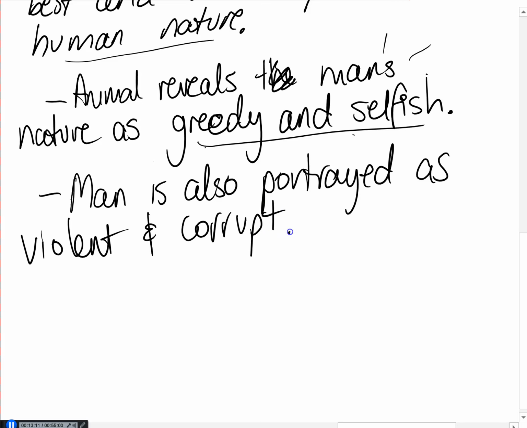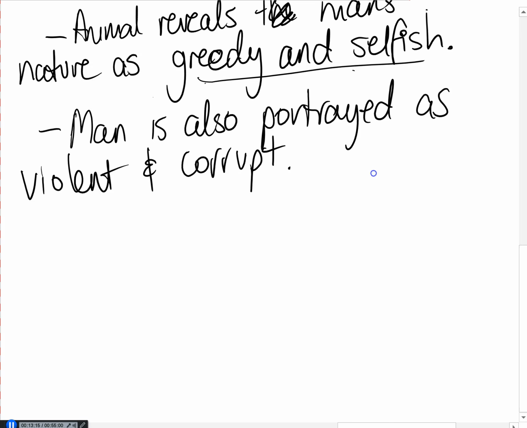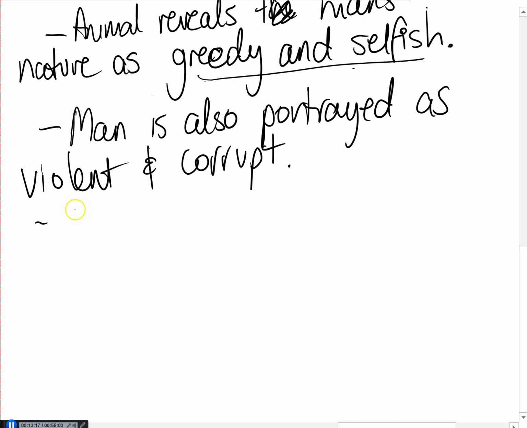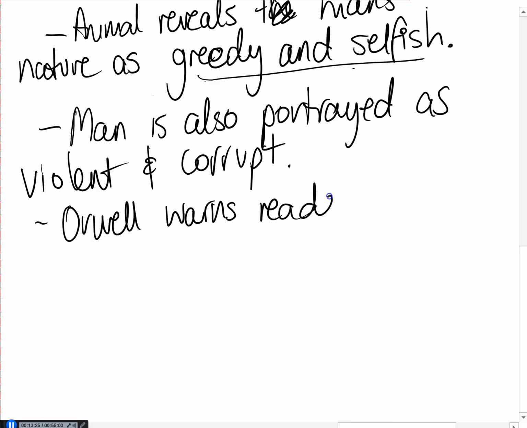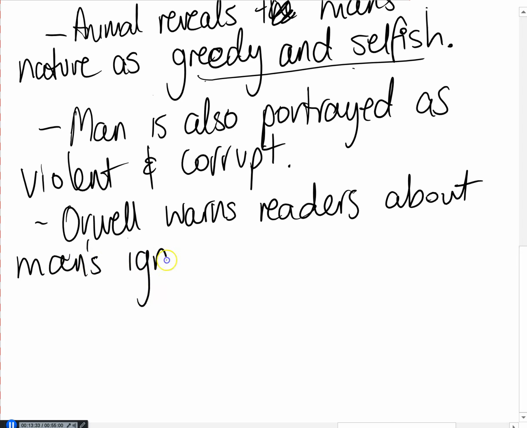I might look into the motives of the dogs, their use of the dogs. I could also talk about Orwell warning readers about man's ignorance and stupidity, or the danger of remaining ignorant.